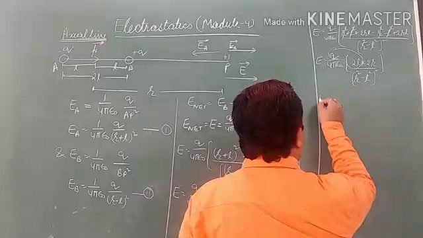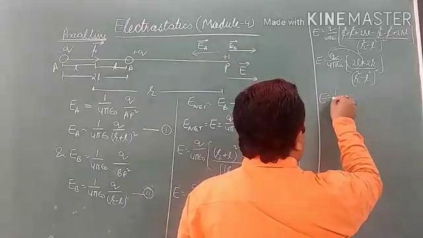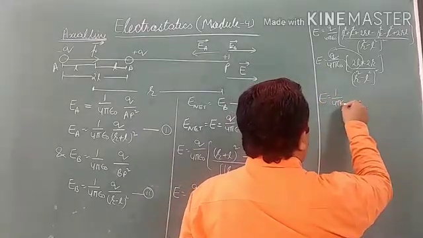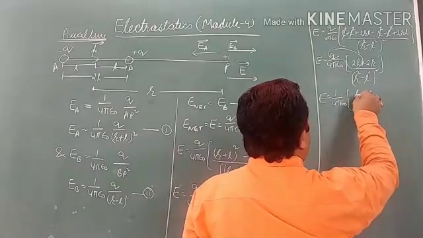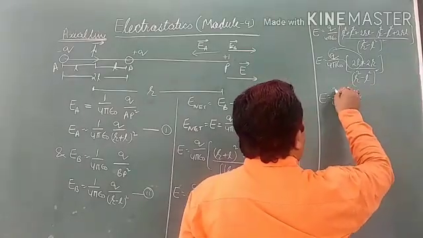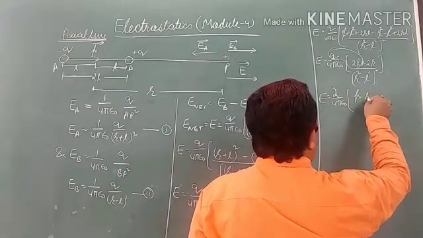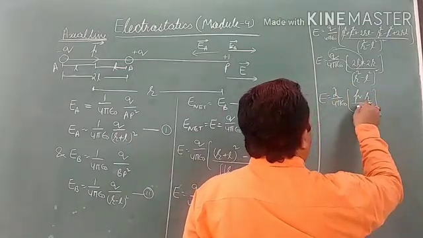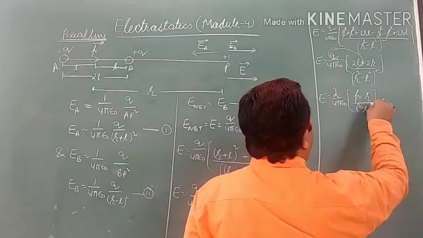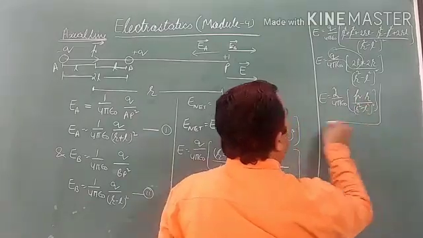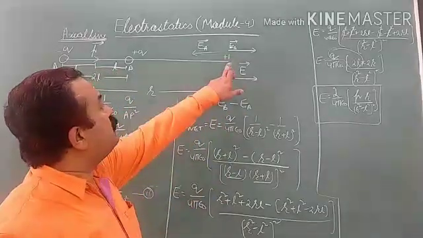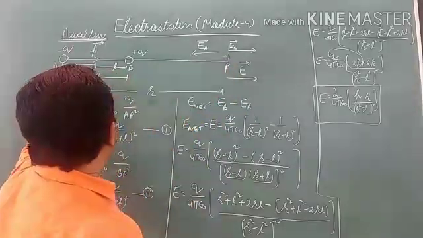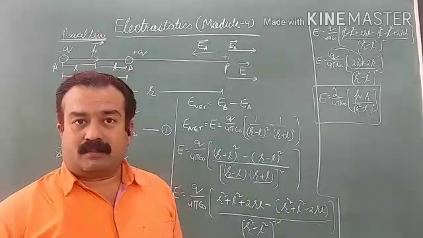So we can write equals 1 upon 4 pi epsilon naught times P, the dipole moment, times 2R upon (R square minus L square) whole square. This is the electric field intensity at any point P due to an electric dipole on its axial line.